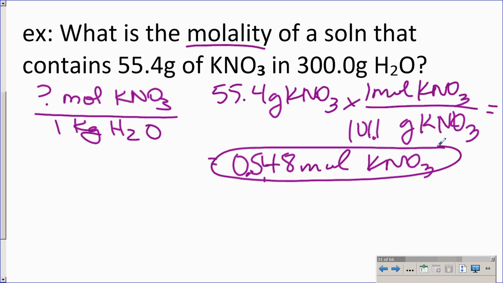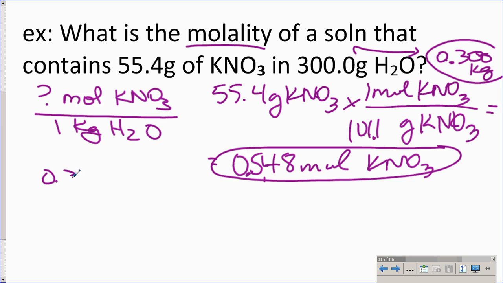Okay, now what? Grams and kilograms, right? Can we do that in our head? How many kilograms is that? 0.300 kilograms of water. Okay, so we got 0.3 kilograms. We got this many moles. Now what? Divide.